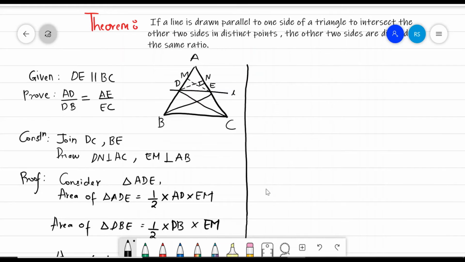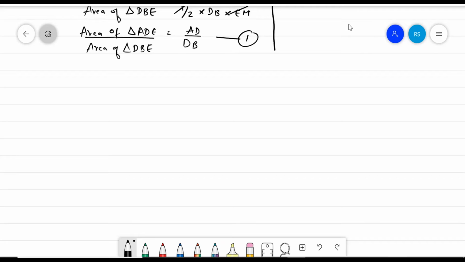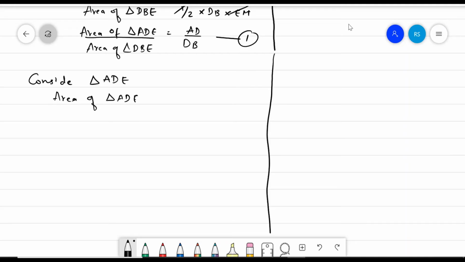Now let us consider this triangle ADE again, but with a different base, that is we'll take base as AE. So again we'll write, consider triangle ADE. Area of triangle ADE is equal to half into base.